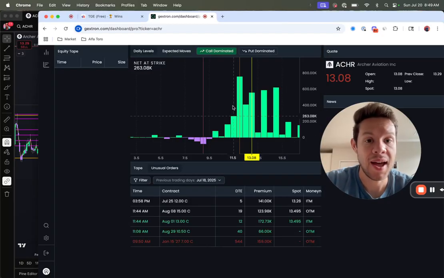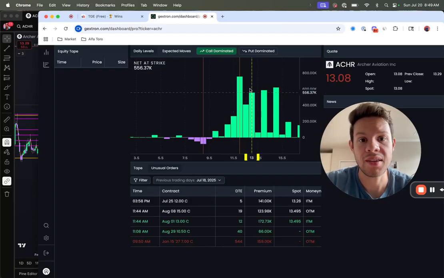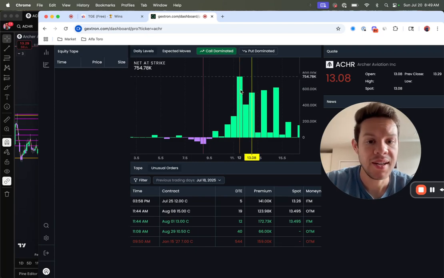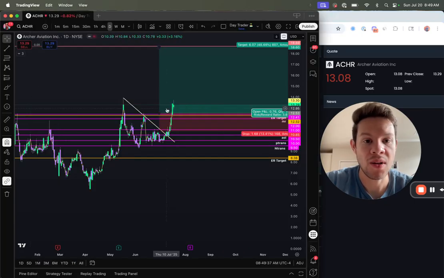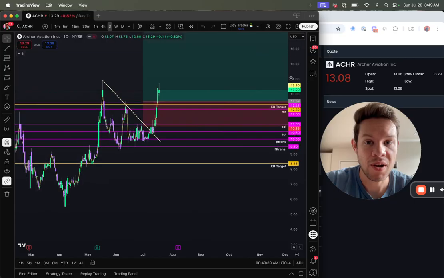And honestly, the only thing I have to look for here is big tall bars. Like in this example, ACHR is 12, 13, 14, and 15. And that's all I have to do. It doesn't get more complicated than that.